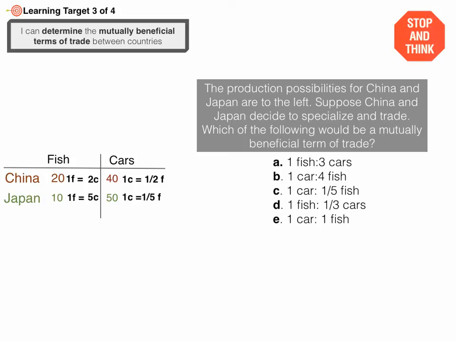So out of the potential terms of trade listed A through E, the one that would work, that would be mutually beneficial, is A, one fish for 3 cars. Because if you look at the mutually beneficial range of trade for fish, some number between 2 and 5 cars, and 3 is in between there. The other ones don't work. They're either equal to the range or they're beyond the range.